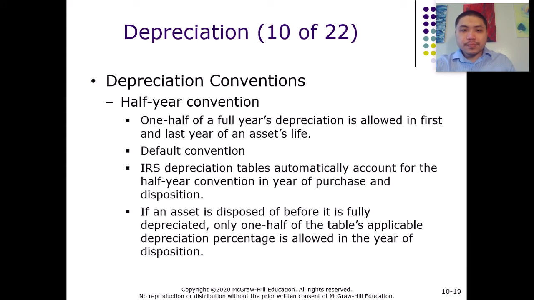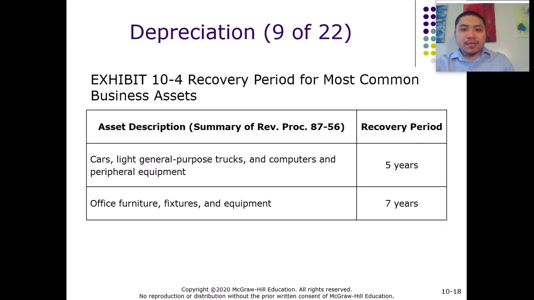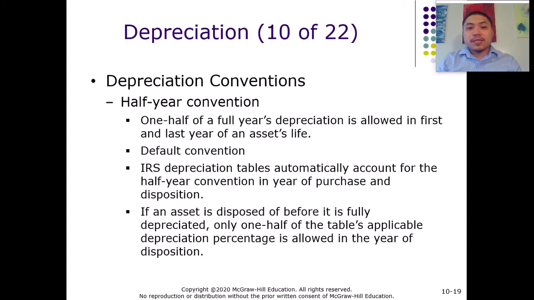All right. After we figure out the recovery periods, now we need to figure out the convention. What does convention mean? It's kind of a weird word. All it means is a method we can apply to determine when or how we depreciate the asset for the first year and the last year of the asset.